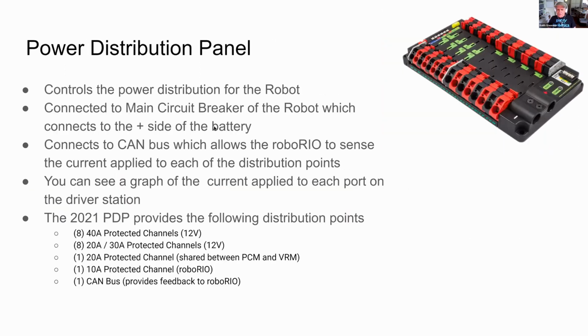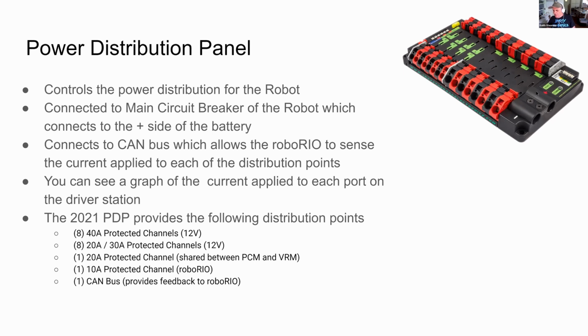Okay, the next major element is what's called the power distribution panel. And that essentially controls the distribution of power to the robot. Essentially, the wire from the battery, the ground wire, connects up to the negative side here. And inside here, there's a connector, and again, like I said, we have to make sure that's a very good connection, because if it's not, the robot's not going to work well.